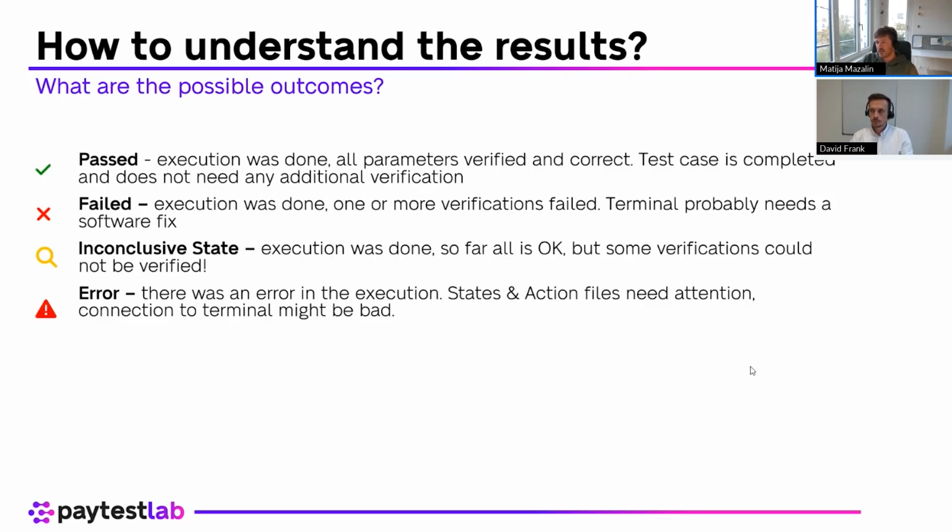Another is, I don't know, the camera breaks down, the robot breaks down, or something like this. So there is something physically wrong, and we couldn't get all the states or execute all the actions, and that's why this is an error, which means it needs extra attention.